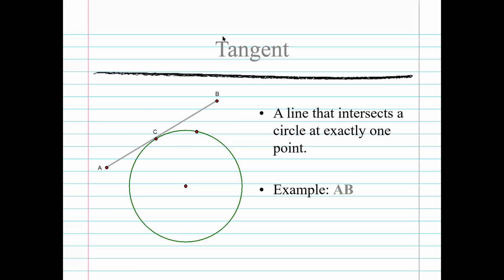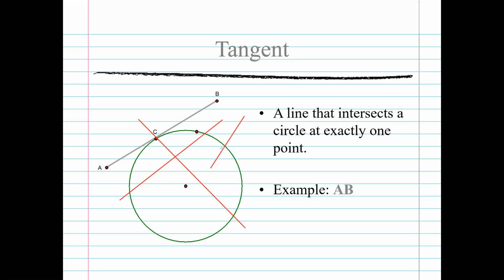For example, if the line was passing through like this, it would have been a secant because it intersects at 2 points on the circle. Same would have been the case with this line. We cannot draw a line like this, because although it intersects the circle at exactly 1 point, if we extend the line, it would again intersect the circle at 2 points.